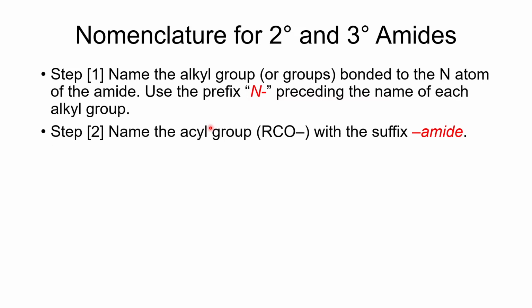For example, here we have an ethyl group attached to the nitrogen, and this is the formamide, so we would call this N-ethyl formamide. And again, that N just simply indicates that the ethyl is directly attached as an alkyl group on the nitrogen.